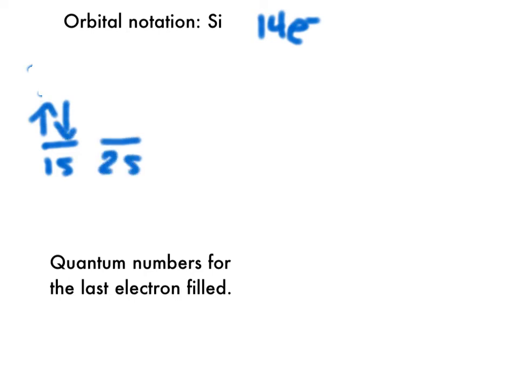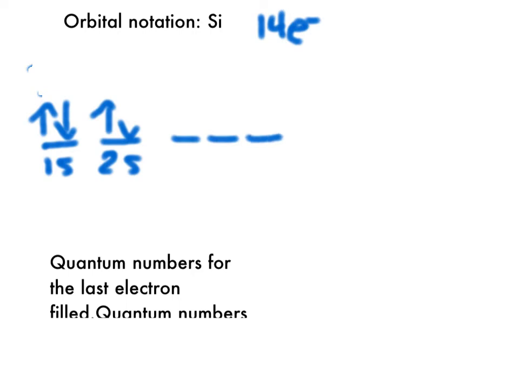Then in the 2s, we can put electrons. And then in the 2p, there are 3 orbitals, so we'll go ahead and draw out all 3. We draw them out regardless of whether or not we use all of them. So we've used 4 electrons, so that means we have 10 electrons left.